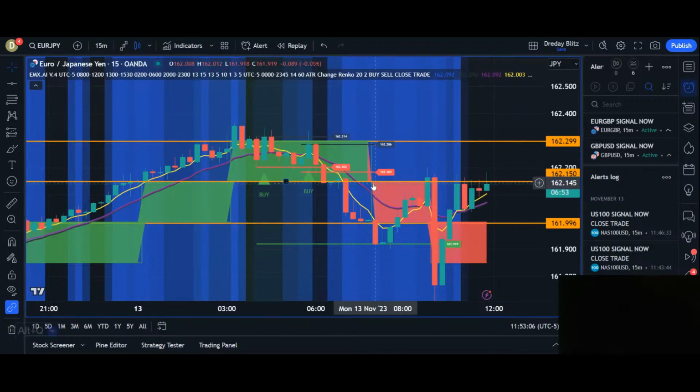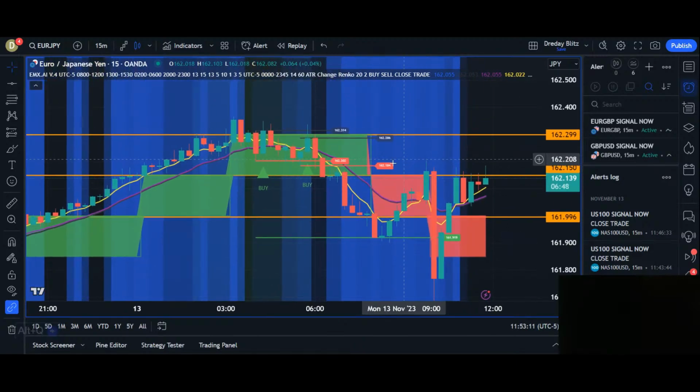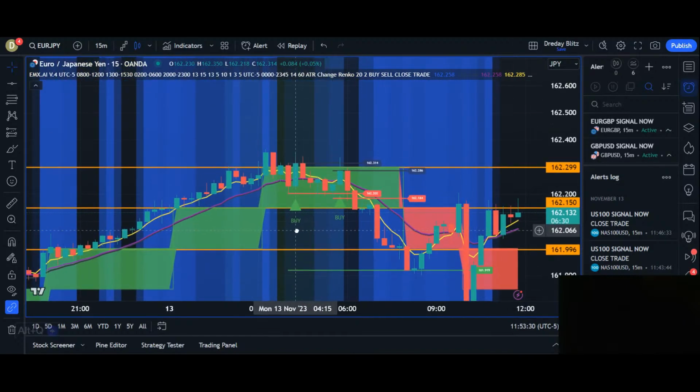This is when the price switched and the signal came in. Unfortunately, I don't have the signal for this one because I didn't have Euro JPY on my signal list. But this is when you receive the notification that the trend switched. You'll be out of the trade, but your stop loss should be at that zone here.